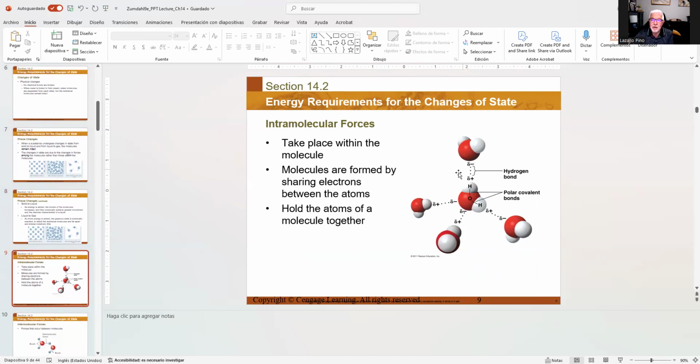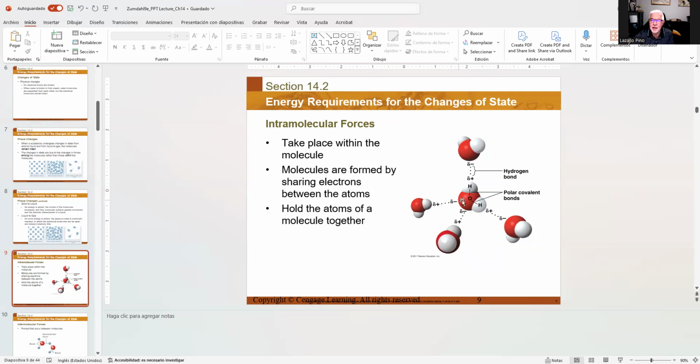The water molecules have intermolecular interactions that are known as hydrogen bonds. First, we have in the molecule the covalent bonds between oxygen and hydrogen, and between molecules, we have the weaker hydrogen bonds.